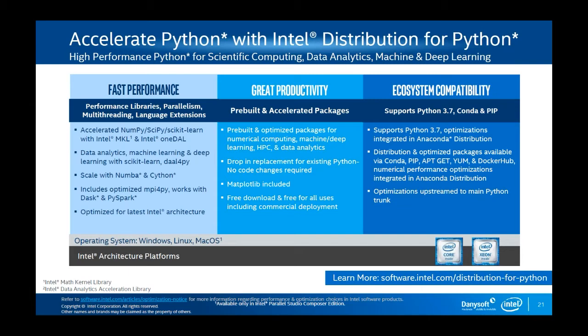So performance is the key in Python in the case of using this library. You can accelerate the most common libraries of Python, which are NumPy and scikit-learn. This is basically because inside it uses another type of library developed by Intel that also exploits the different levels of parallelism, the vectorization, and also the multicores.